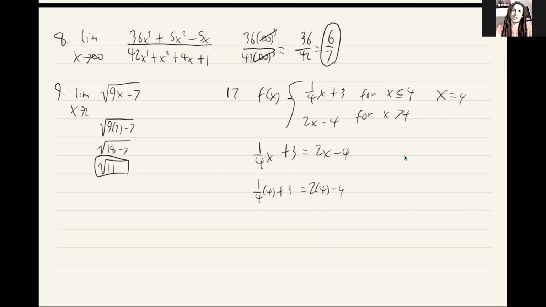So 1/4 times 4 equals 1, then we add a 3, then 2 times 4 equals 8 minus 4. So 1 plus 3 is 4, 8 minus 4 is 4, they match up, this is good. So the answer to whether or not this is continuous based on the work shown is yes, it is.